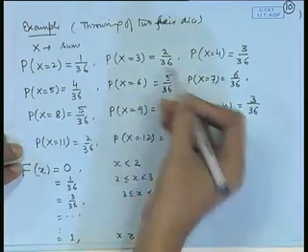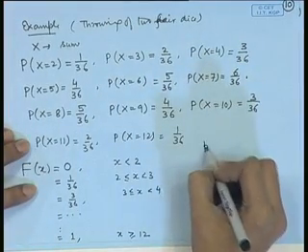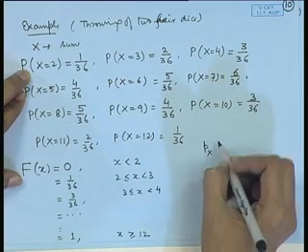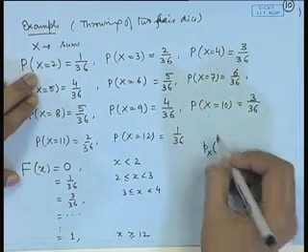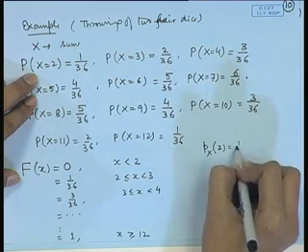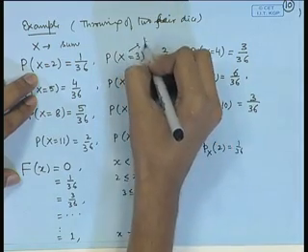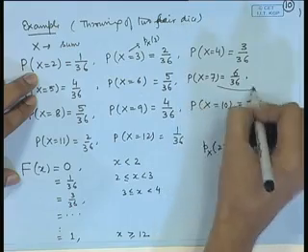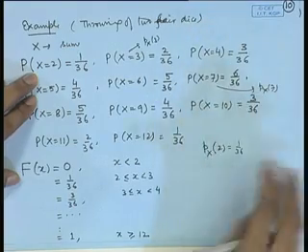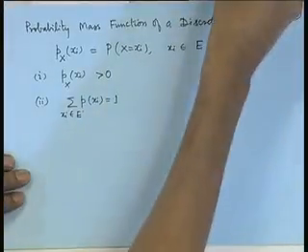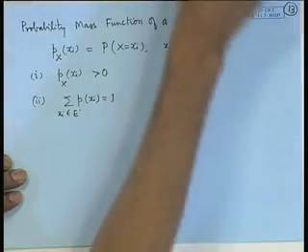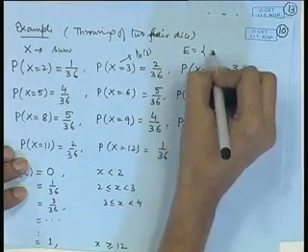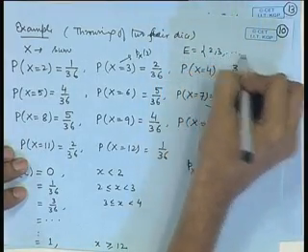Here we can write p_X(2) equal to 1 by 36, this is p_X(3), this is p_X(7), etc. It clearly satisfies the property that p_X(xi) is greater than 0 for xi belonging to the set. Here, what is the set E? The set E is here 2, 3 up to 12.